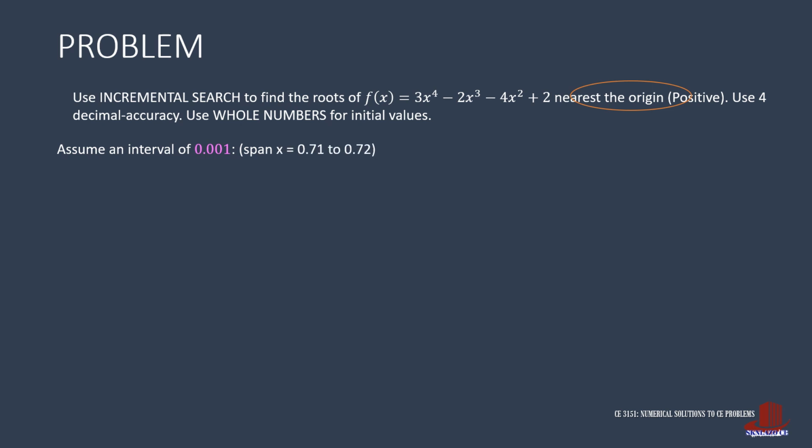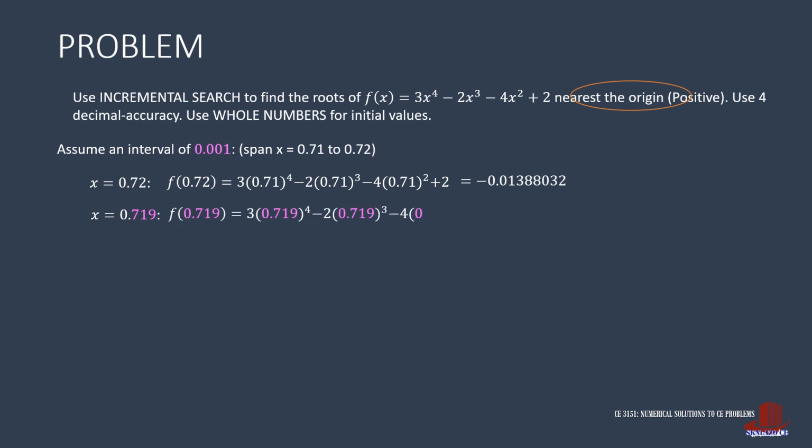Let's then use increments of 0.001 and we use x of 0.72. With the span, we need to subtract the interval, starting with x of 0.719. The function then becomes 3 times 0.719 raised to 4, minus 2 times 0.719 cubed, minus 4 times 0.719 squared, plus 2, giving negative 0.009488.